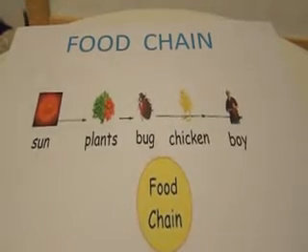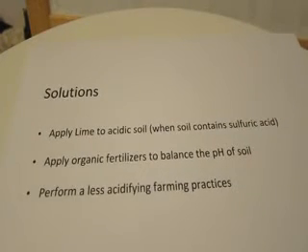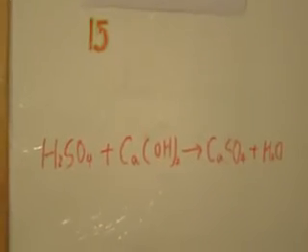In order to solve this issue, scientists have pointed out some useful solutions. The most common solution is to apply lime to acid soil which contains sulfuric acid. The formula representing the reaction would be this.